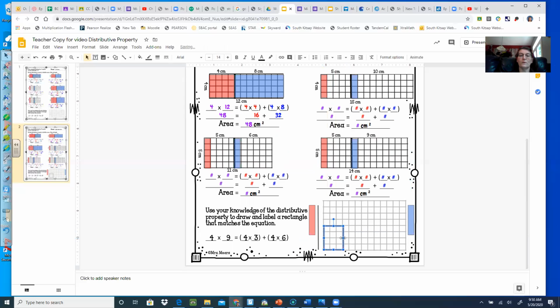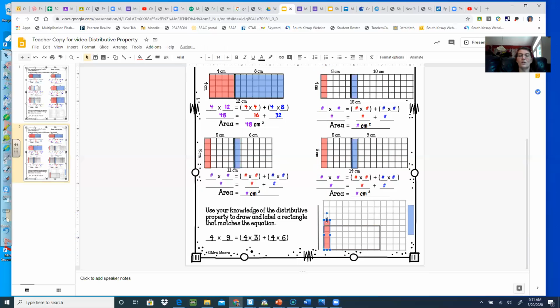There's my 4 rows. It's not 9 though, so 3, 4, 6, 8, 9. I'm just going to double check. 1, 2, 3, 4, 5, 6, 7, 8, 9. Okay, now I need to cut it into a 4 by 3 and a 4 by 6.